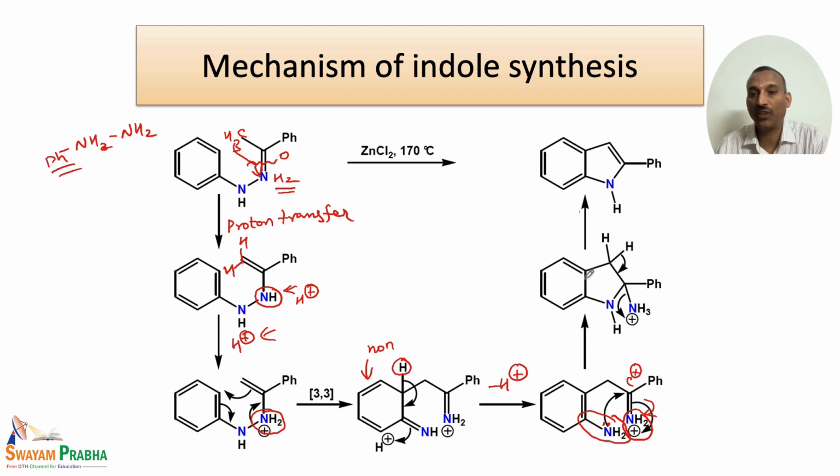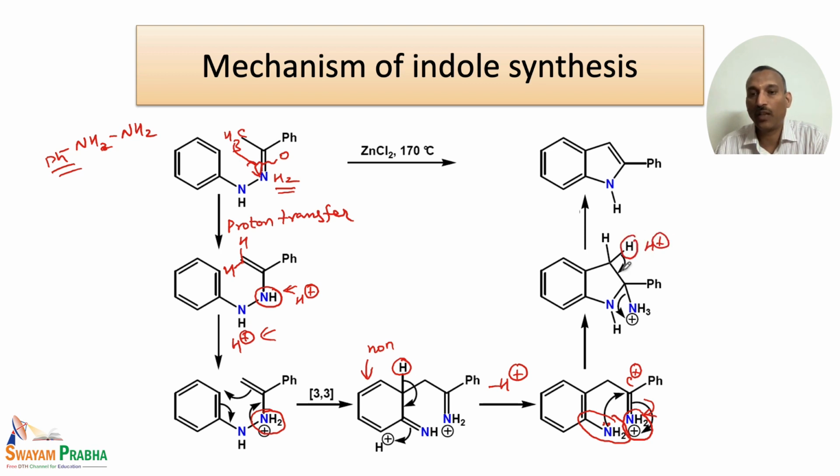So the cyclization takes place at this particular step, and as we have seen earlier also, one of the crucial steps is the formation of the aromatized product, which is the driving force for the final product formation in most heterocyclic syntheses. Similar to that, here the hydrogen is lost as a proton.